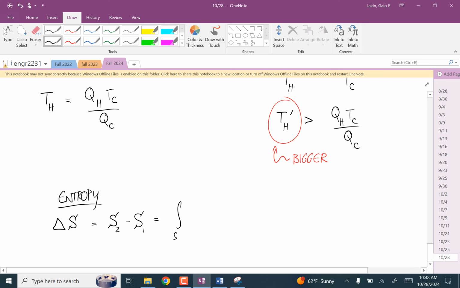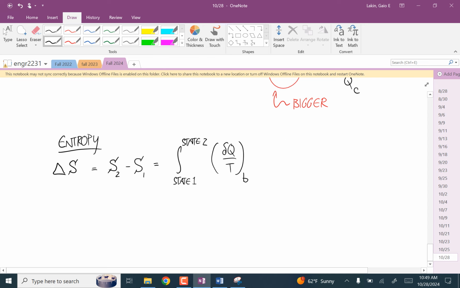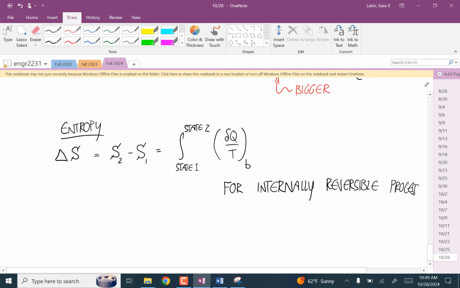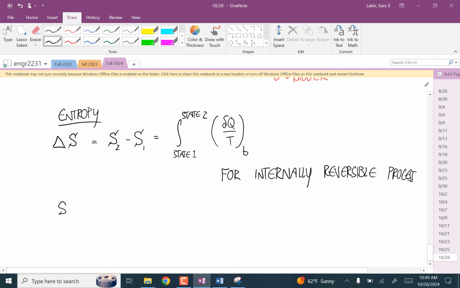And it's equal to the integral from state 1 to state 2 of delta Q over T around the boundary. And this is for an internally reversible process. This capital S is an extensive property.